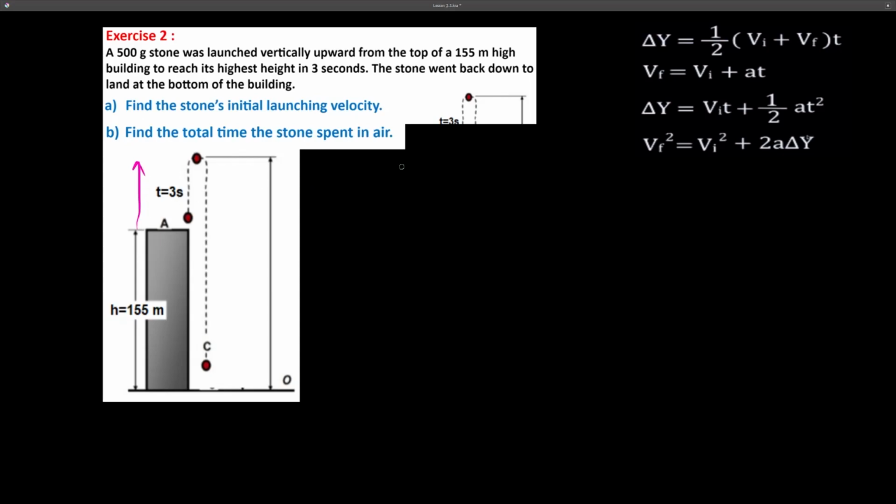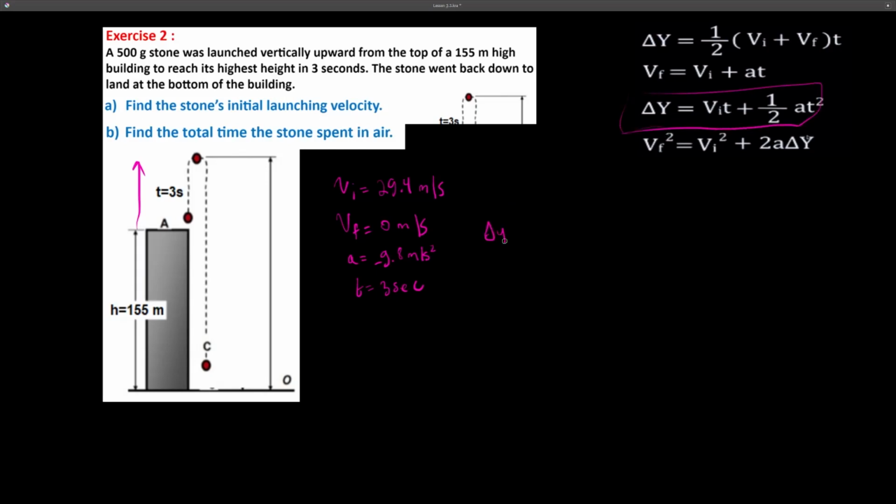So how do we find that? Well, we have the v initial, which we just calculated, 29.4 meters per second. We have the v final, 0 meters per second. We have acceleration, which is 9.8 meters per second squared, and the time, just 3 seconds. Then we can simply calculate it using any of these formulas.